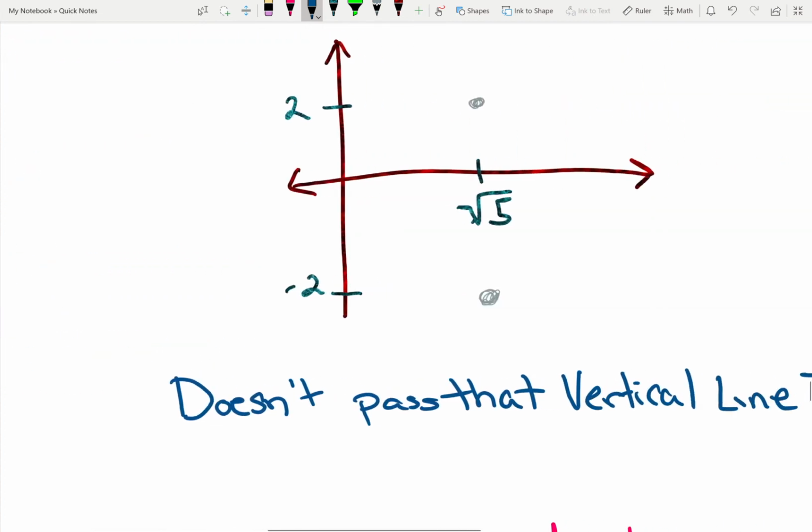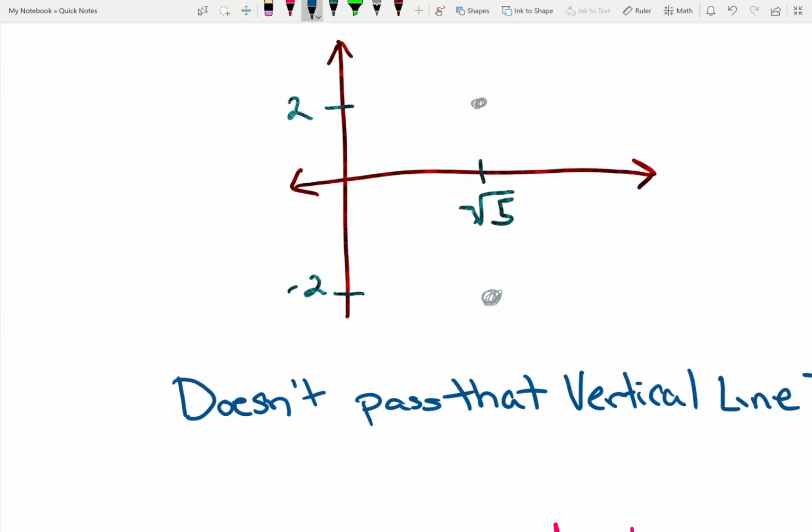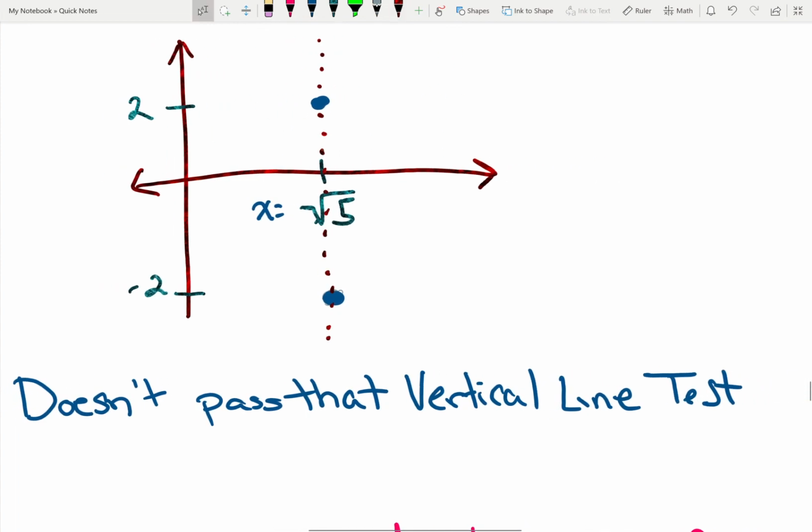So if I were to graph it, it would look like this. When x is square root of 5, I get 2 and I get -2. But guess what? This fails the vertical line test, right? If it fails the vertical line test, it is not a function.